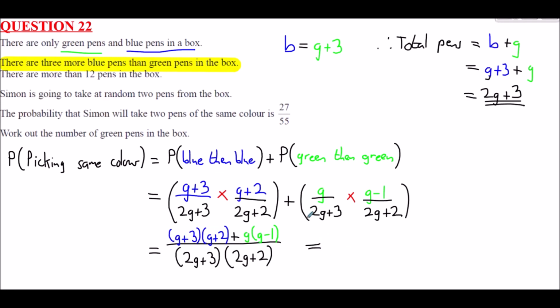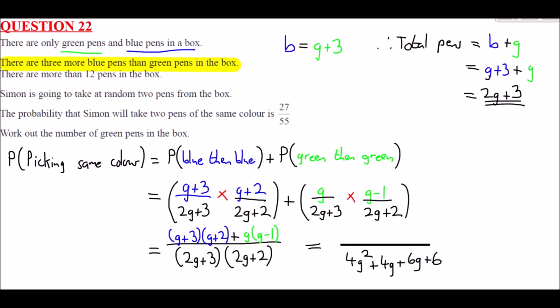So, on the bottom, what we're going to have is 2G times 2G. That's going to give us 4G squared. 2G times 2 is 4G. 3 times 2G is 6G. And 3 times 2 is 6.